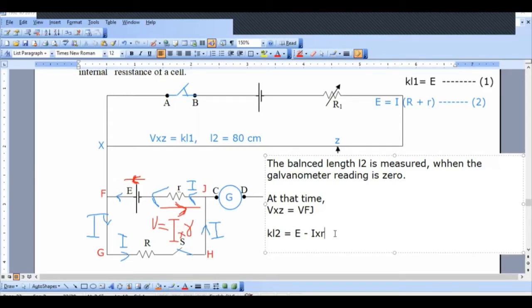There are many ways to simplify this. Let me mark this as my third equation. Please write it here. Third equation.